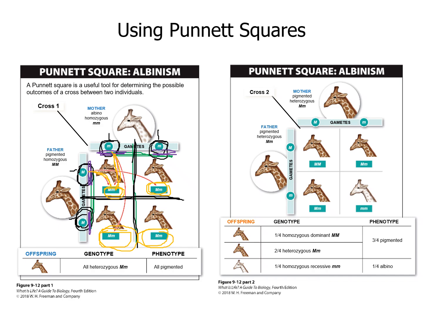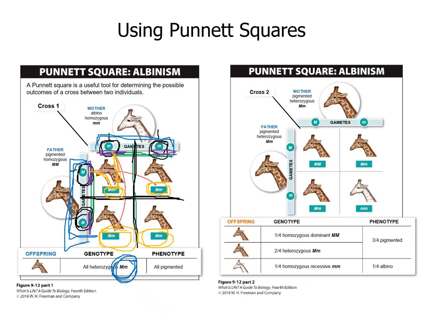Now, in this instance, because mom is homozygous recessive, she has two recessive alleles, and dad is homozygous dominant. That means he has two dominant alleles. The only option that their offspring will have as a genotype is heterozygous.